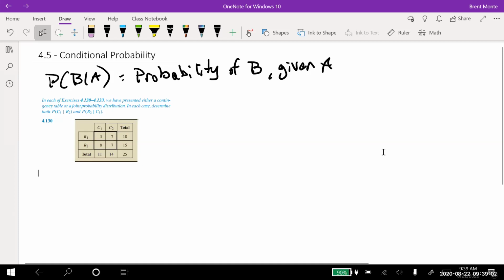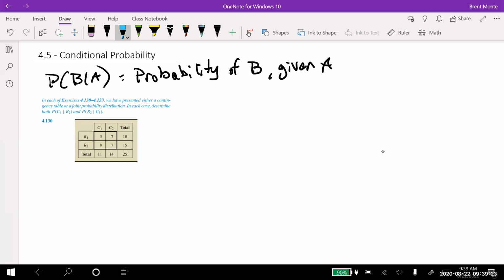Now notice if you're reading through the e-text or you have the physical book, 4130 is in blue, and it's not going to give you instructions necessarily right there, but right above it in the blue, it says in each of problems 4130 to 4133, we have presented either a contingency table or a joint probability distribution.